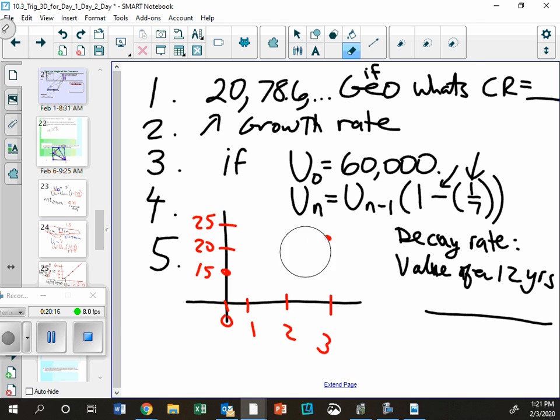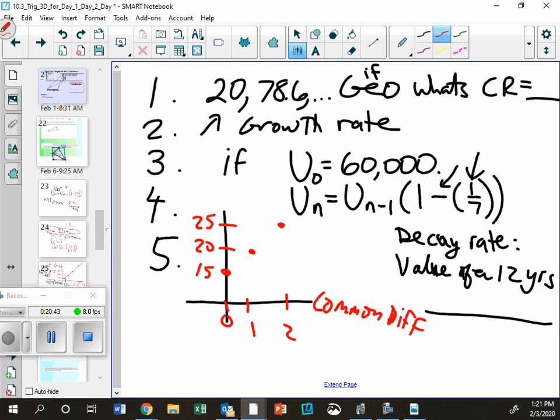On this one, I want to know the common, not common ratio, sorry, the common difference, that's it. And the equation, and I'll give you this hint, U0 was equal to 15. You should be able to write me the rest of the equation.